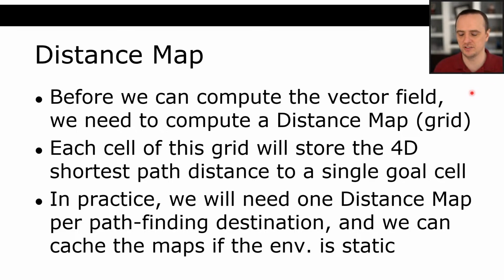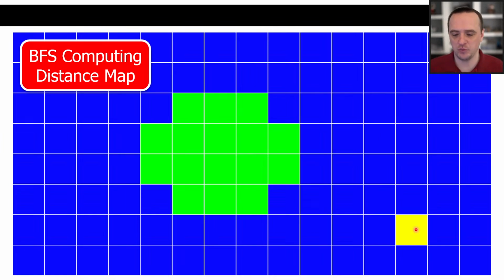And in practice, we will need one distance map per pathfinding destination. And we can cache the maps if it's efficient to do so. So what that means is that if we have a goal location here in the map, so if the player is here, then we compute a vector field. But if the player moves, we do need to recompute the vector field. But it's a really quick computation, so it's okay to recompute the vector field.